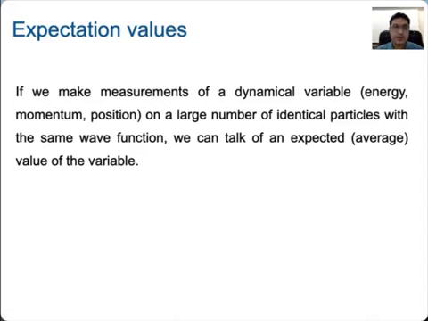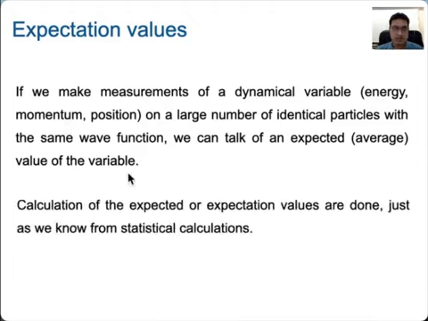So here also we have a wave function and we want to estimate the average, or expected, value of a variable. This variable could be energy, momentum, or position. So how to calculate it?